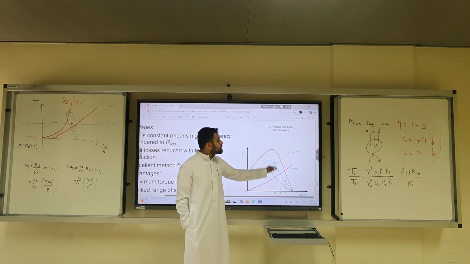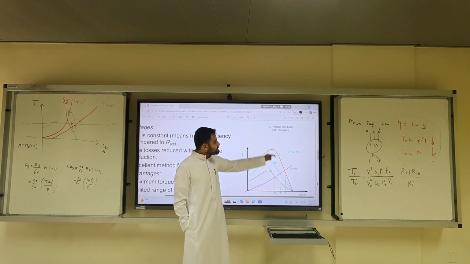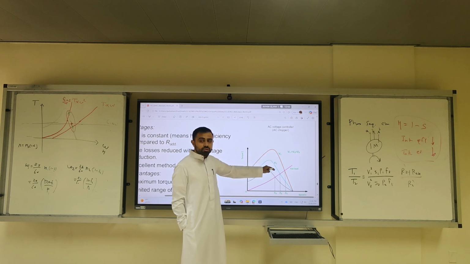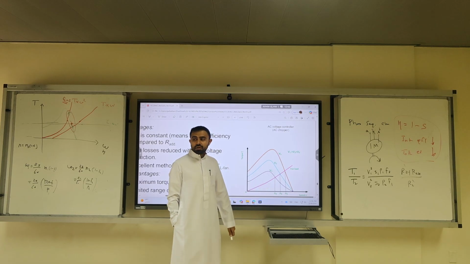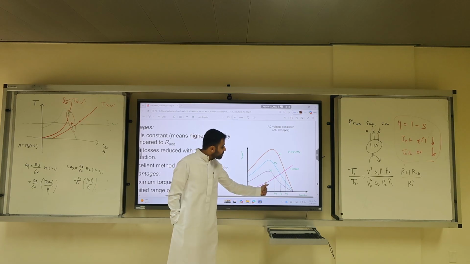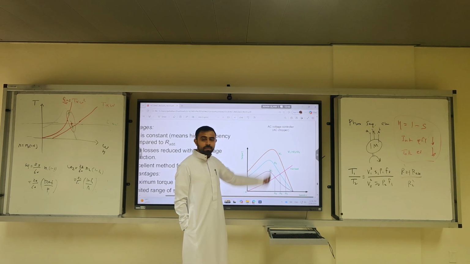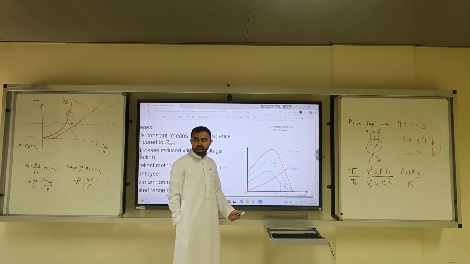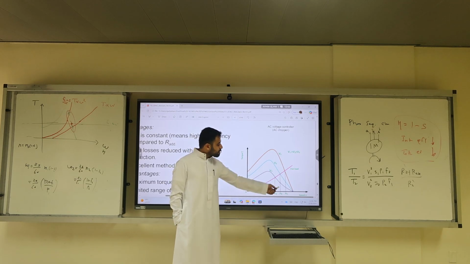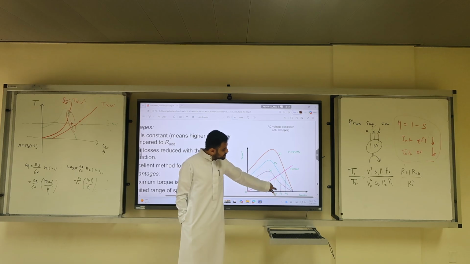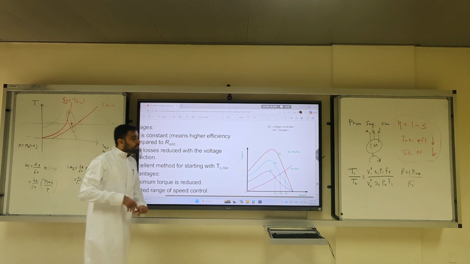But what do you notice? The maximum torque at V1 is larger than V2, which is larger than V3. So I can increase the maximum torque without changing the maximum slip. Clear? The more V1, the less the speed that you're operating at, but it's not as bad as the external resistance.